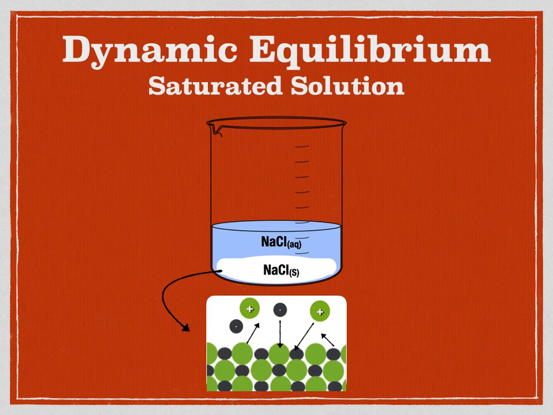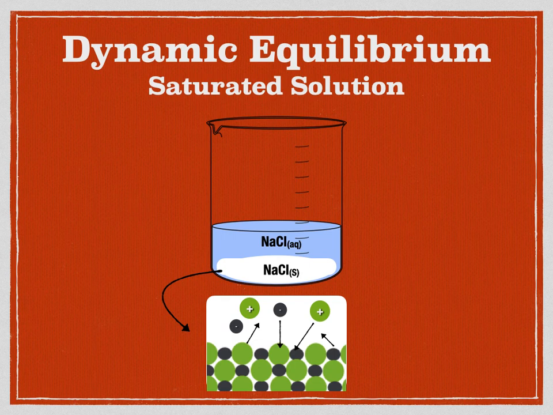So if you look at this beaker at the macroscopic level, we have the water and the salt in the bottom of the beaker. At the particle level, what's going on is some of those ions in solution are recrystallizing back into that solid structure, and some of the crystalline solid is dissolving into the solution, but it happens at a constant rate.